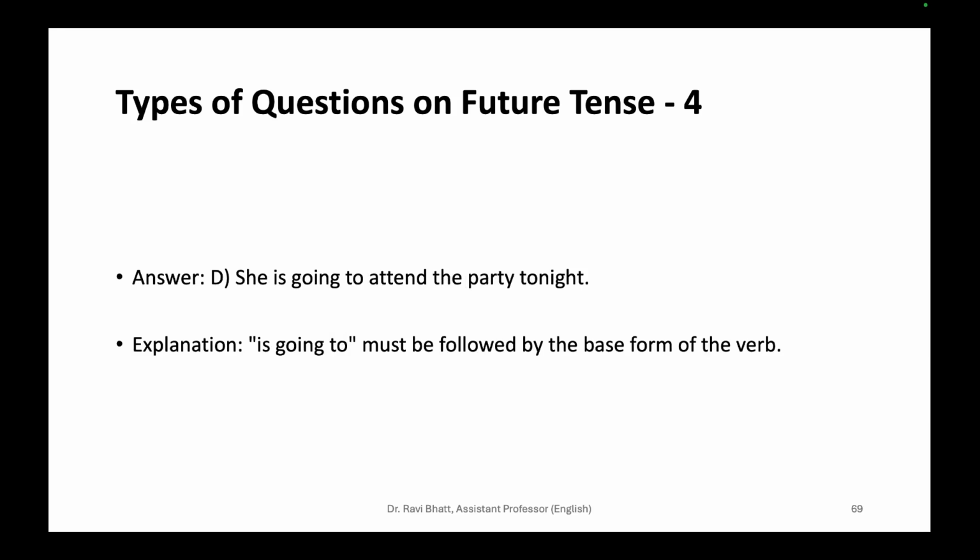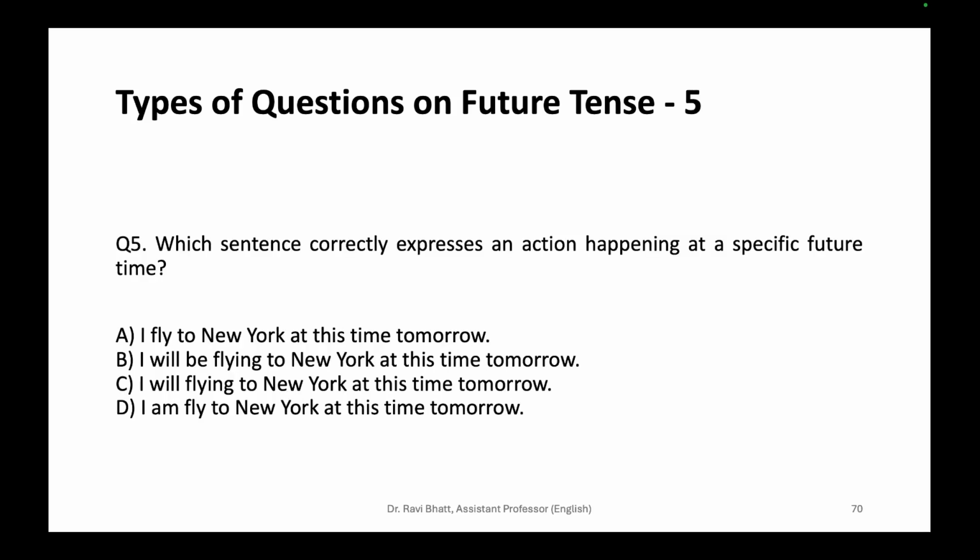Okay. Now, which sentence correctly expresses an action happening at a specific future time? Now, here is something you need to focus upon. What we are referring to is an action happening at a specific future time. A. I fly to New York at this time tomorrow. B. I will be flying to New York at this time tomorrow. C. I will flying to New York at this time tomorrow.